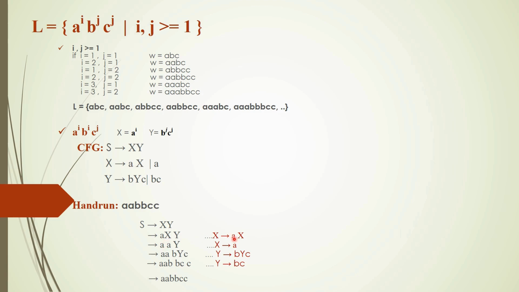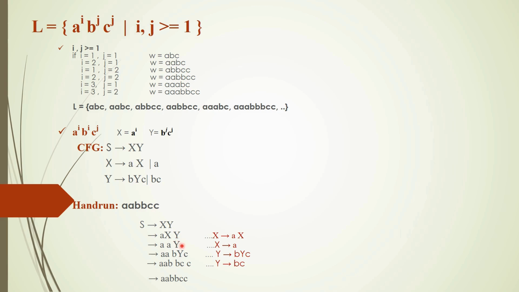By substituting x as ax, our sentential form of the given production is axy. Then again I have to generate a, so I substitute this x as a directly, because only two a's are needed.